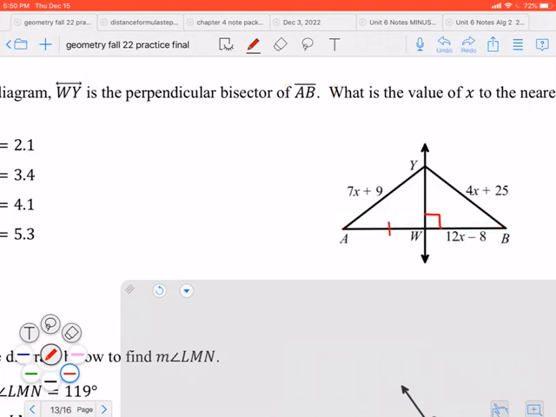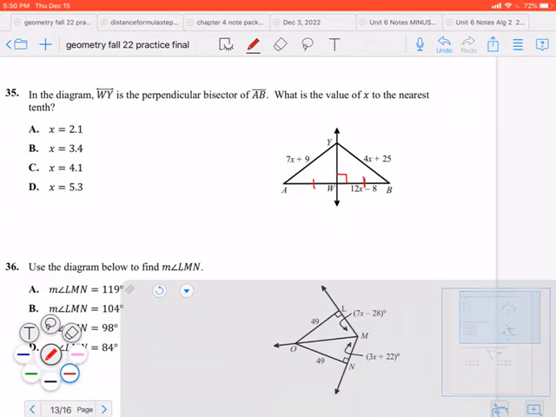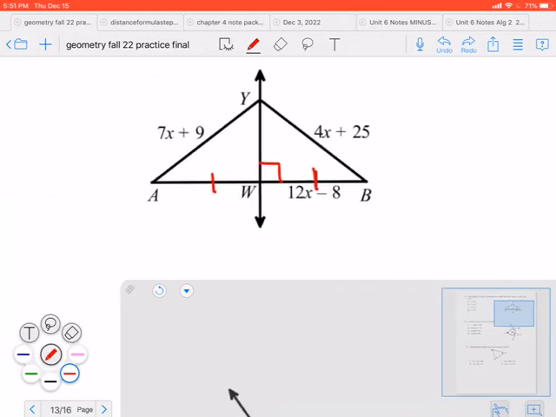So therefore, AW is going to be congruent to BW. What is the value of x to the nearest tenth? So that's telling me I'm not going to get a whole number. And I can see there are decimals here. So let's figure out what equation do we need to write.